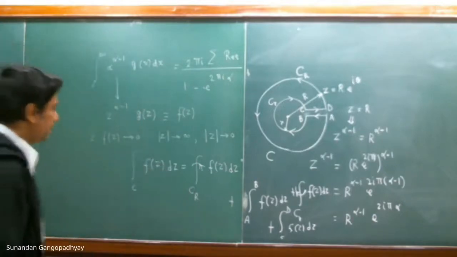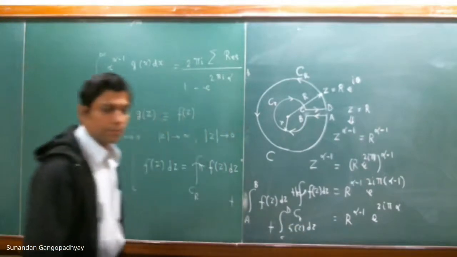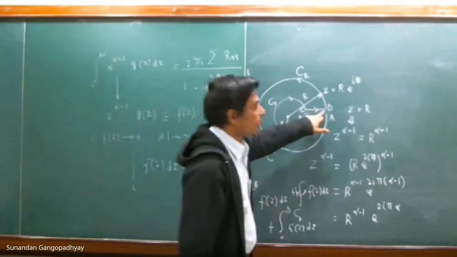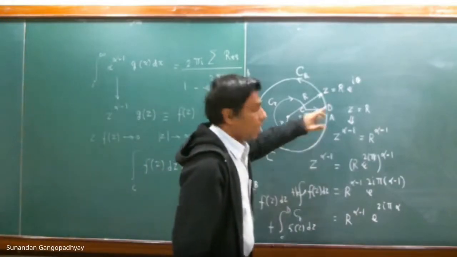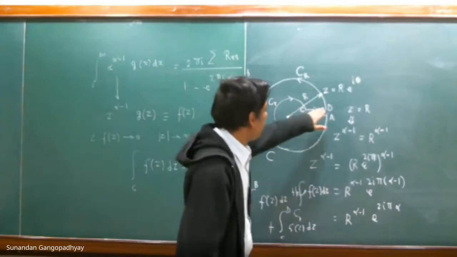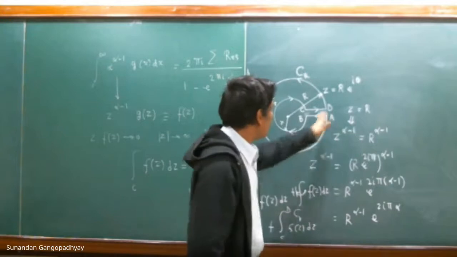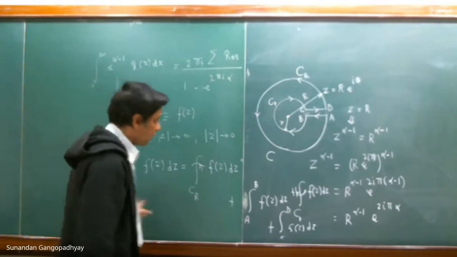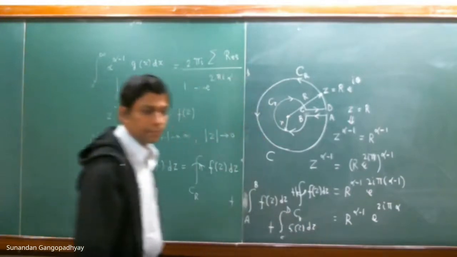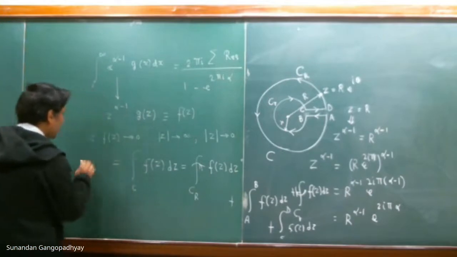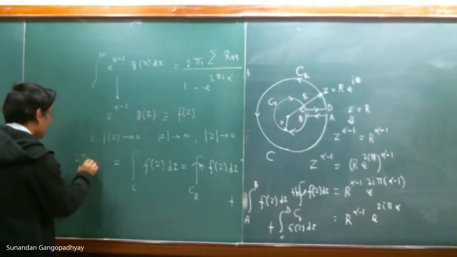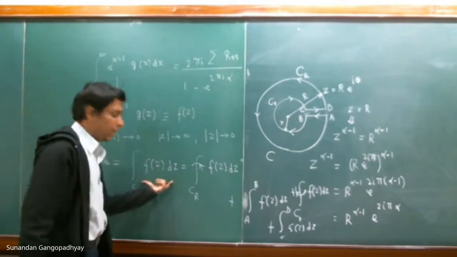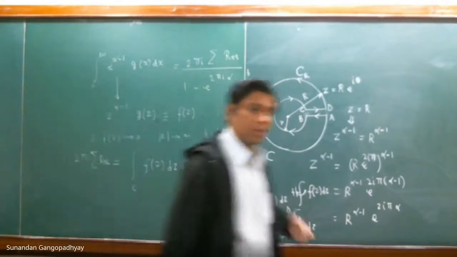Okay. Is this breakup fine for you? Since the function is not single valued at this point, we make a cut at that point and cut it up in such a way that the contour looks like this. And on this contour C, the integral of f(z) dz is basically equal to this. But this thing, you know by the Cauchy residue theorem, is 2 pi i times the summation over residues. That we already know. The left hand side is 2 pi i times the summation over residues by the Cauchy residue theorem.